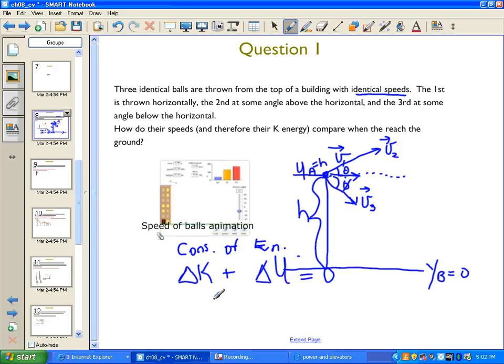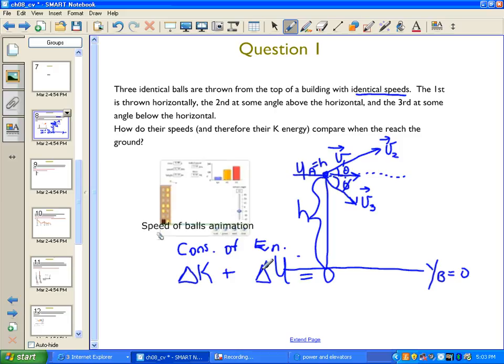In other words, if the kinetic energy of this ball goes up, the potential energy has to go down by exactly the amount so that what increases, say positive, is matched by what decreases, negative, and they sum up to 0. So this is what we're facing here in this problem.